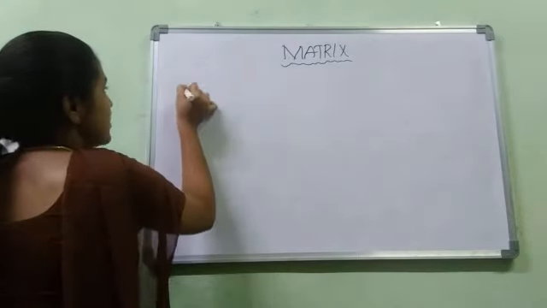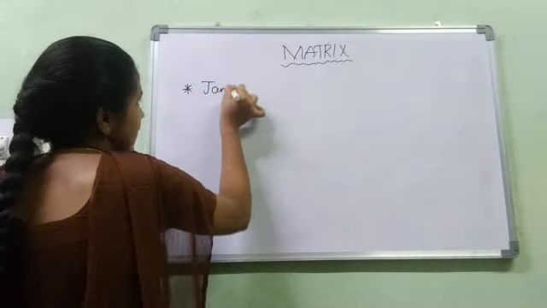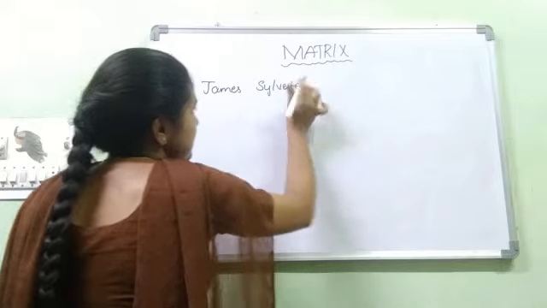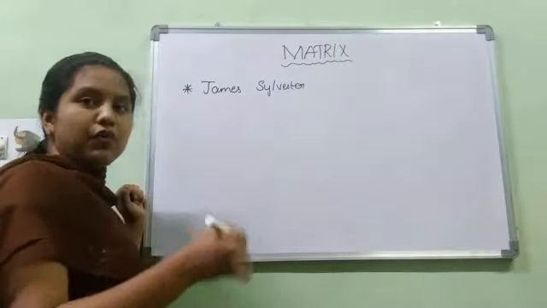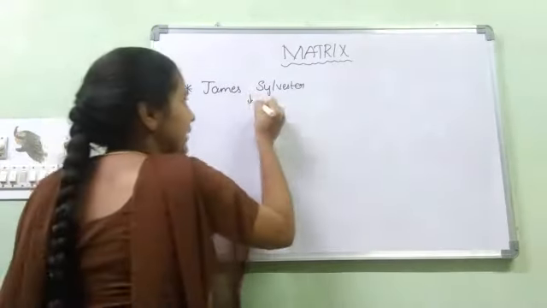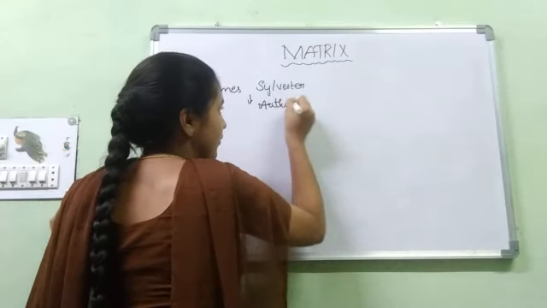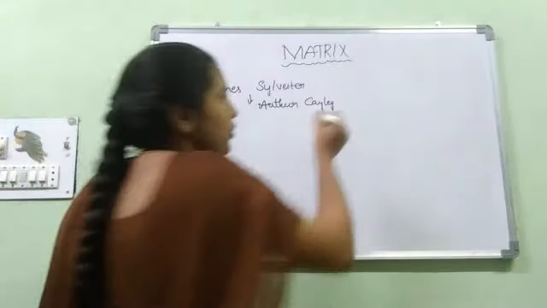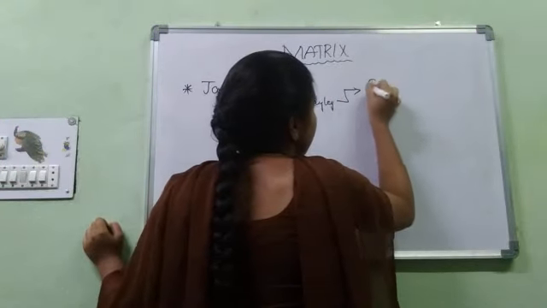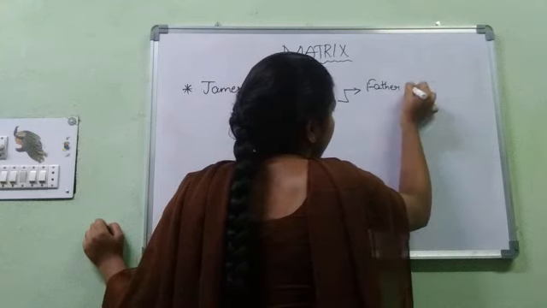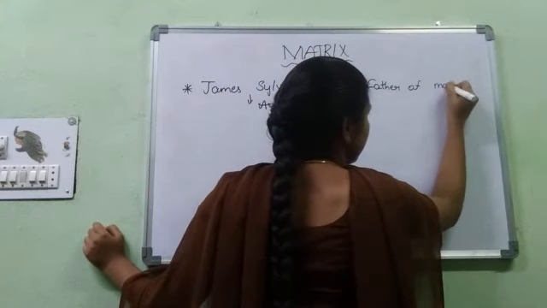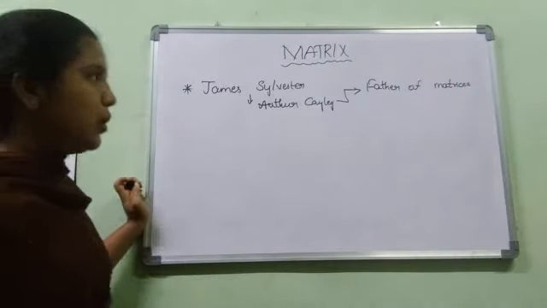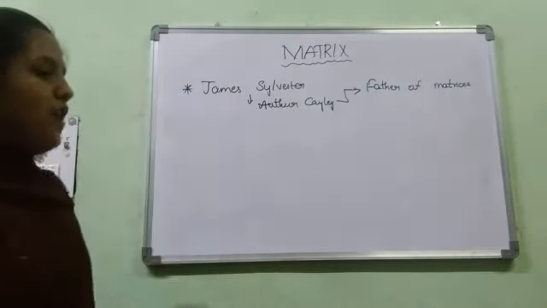The person who introduced the matrix is James Sylvester, but it was improved by his friend Arthur Cayley. He is known as the father of matrices.